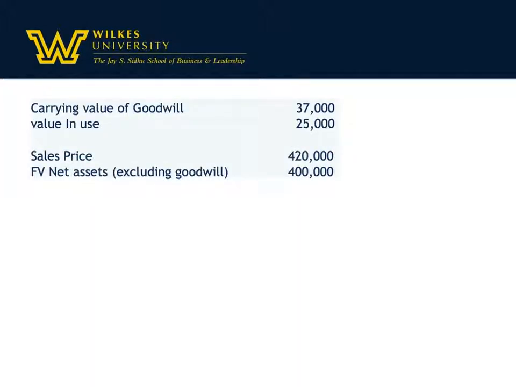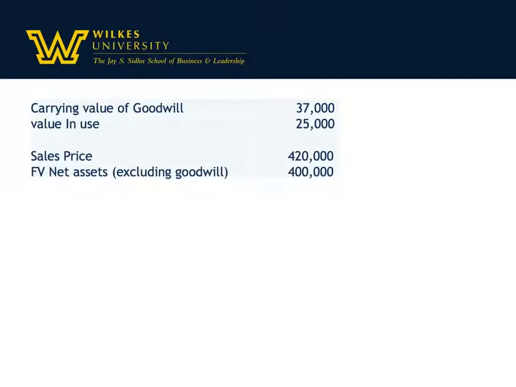Now, I mentioned earlier, we do not amortize goodwill, and we hope that we get to continue generating goodwill and that we continue to have customers because of the goodwill. But what if it doesn't? Let's say things changed. We still have it on our books at $37,000. But we do an annual analysis and we figure out that our value in use of the goodwill is really only $25,000.